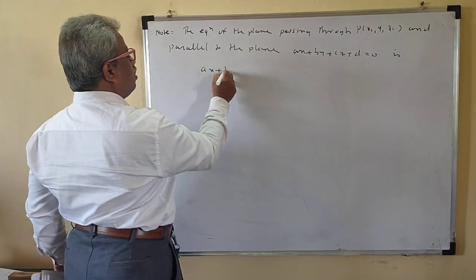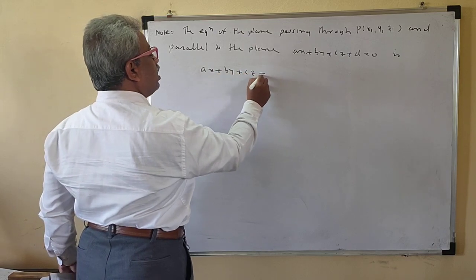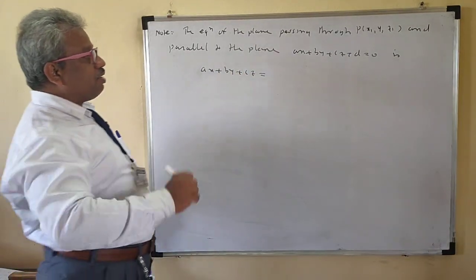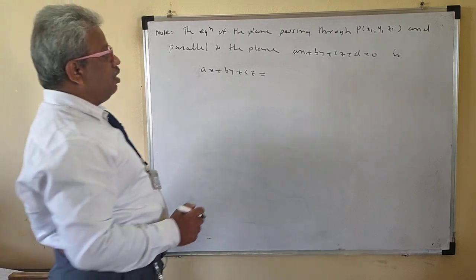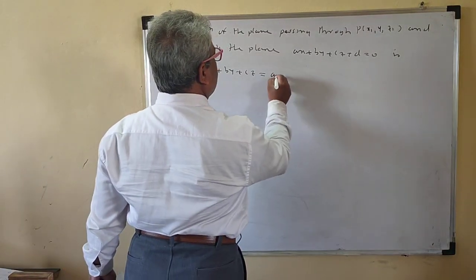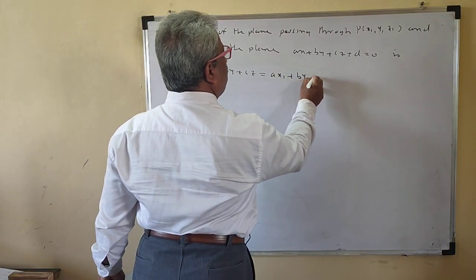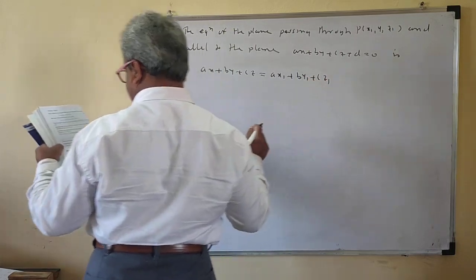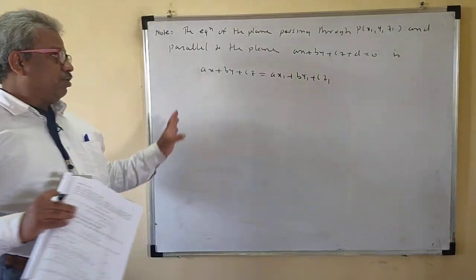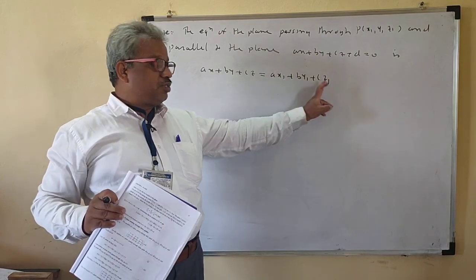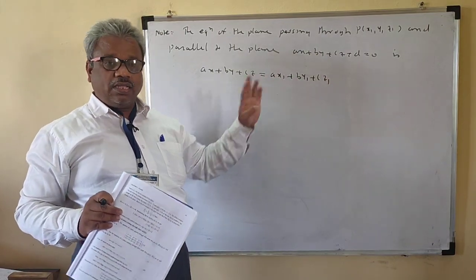It is ax plus by plus cz is equal to ax1 plus by1 plus cz1. This is your new d. It differs by the constant only.